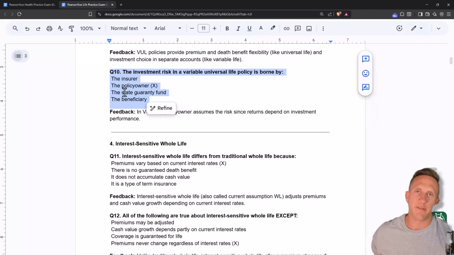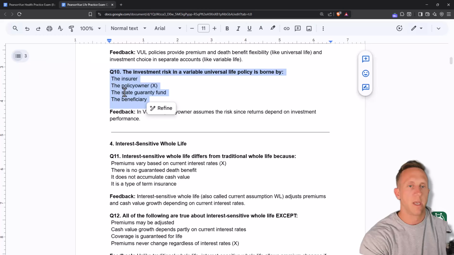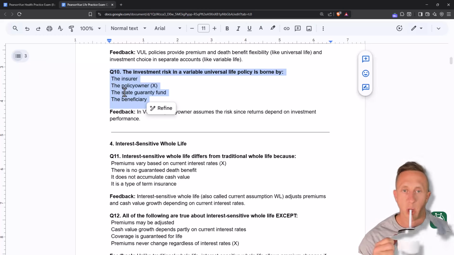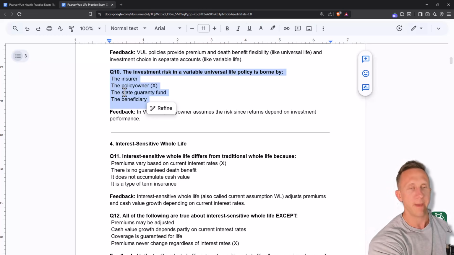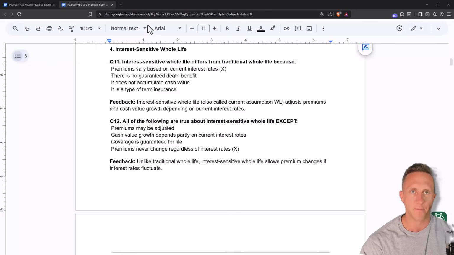It helps people if insurers become insolvent, so you're going to learn that in your course. And beneficiaries don't take any of the risk. They're the ones who are protected from risks. So in a VUL, the policy owner assumes the risk since returns depend on investment performance.